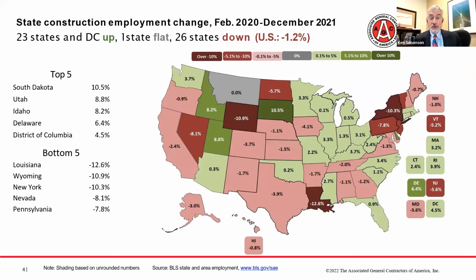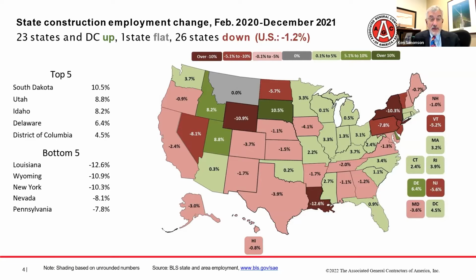Well, the next slide shows there's been huge variation from state to state. We have about half the states, 23 states and DC, have now returned to at least the employment level of February 2020, if not surpassed it. But the range is enormous. South Dakota, which never fell below that February 2020 level, is now up more than 10%.